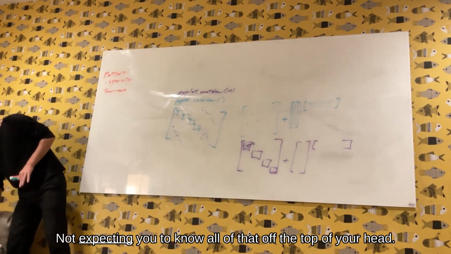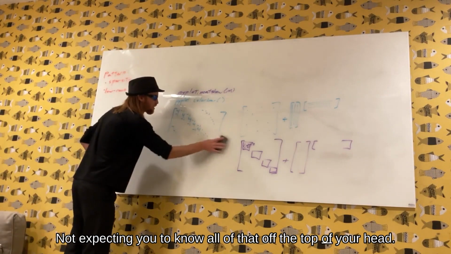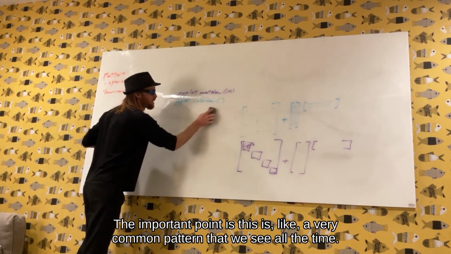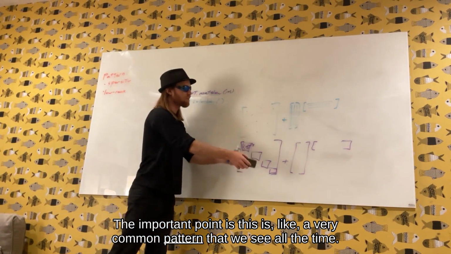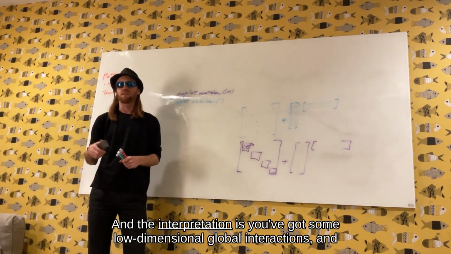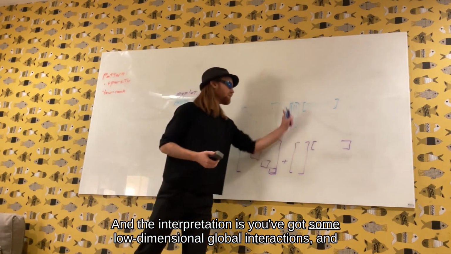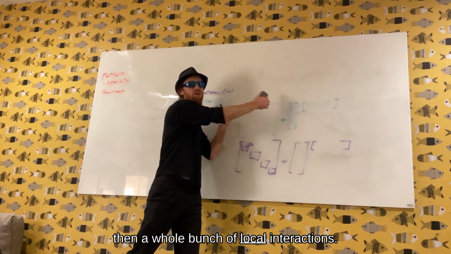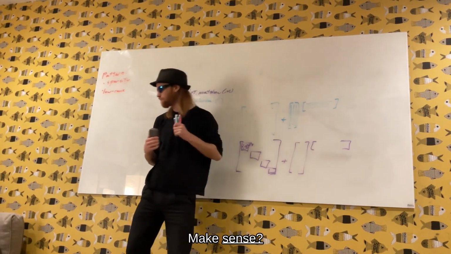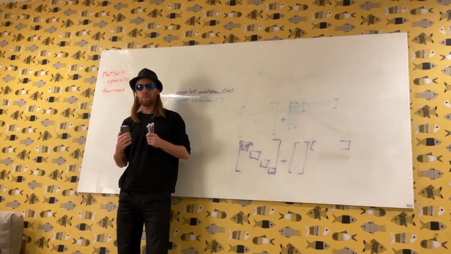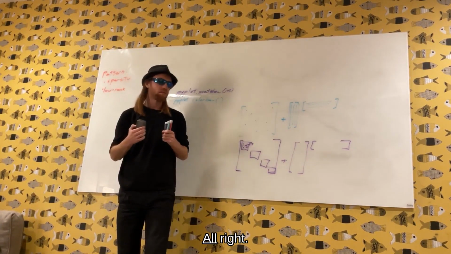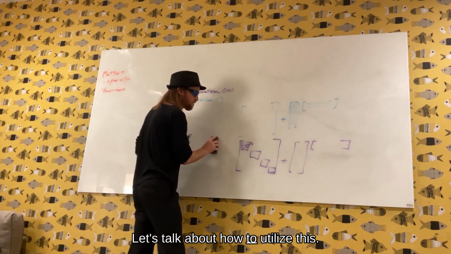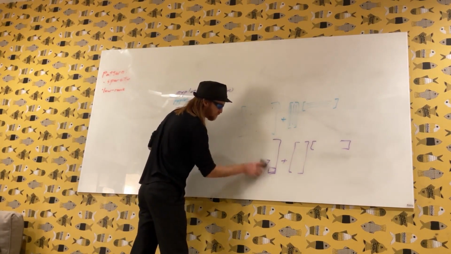Not expecting you to know all of that off the top of your head. The important point is this is a very common pattern that we see all the time, and the interpretation is you've got some low dimensional global interactions, and then a whole bunch of local interactions that are sparse. Make sense? Good. All right, let's talk about how to utilize this.